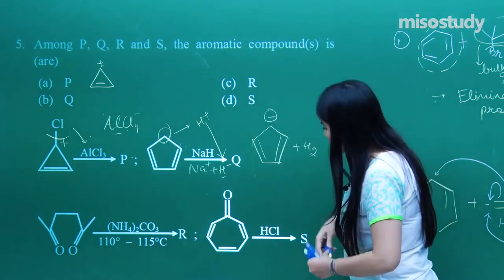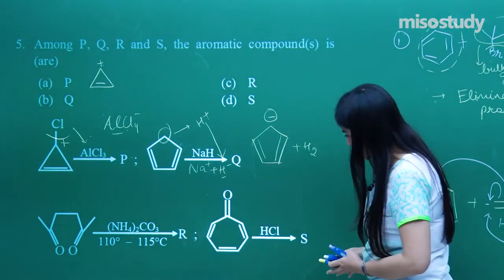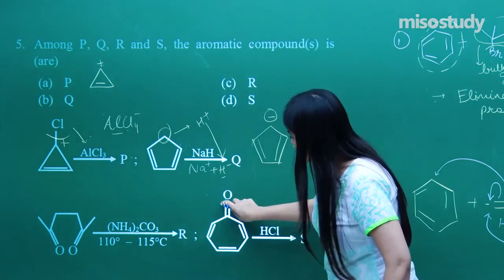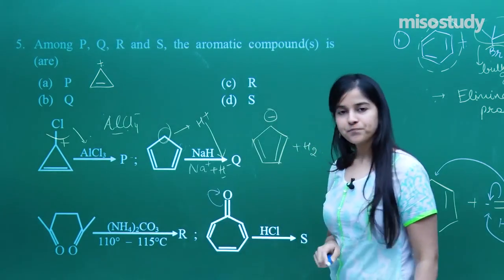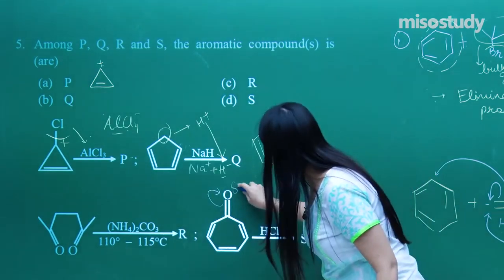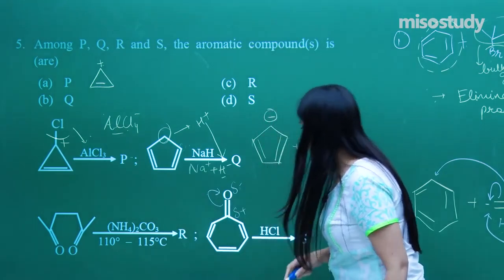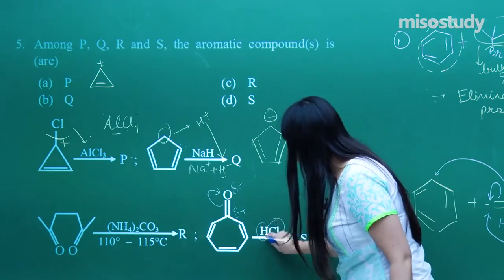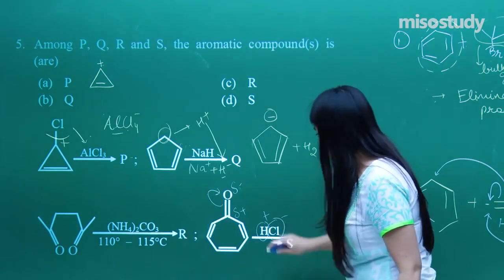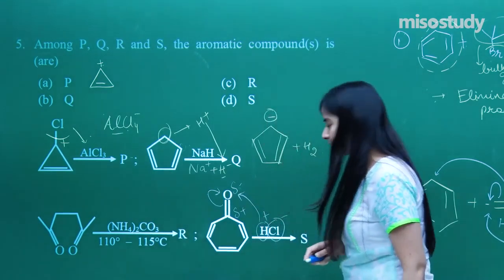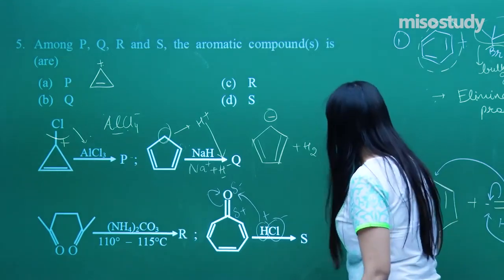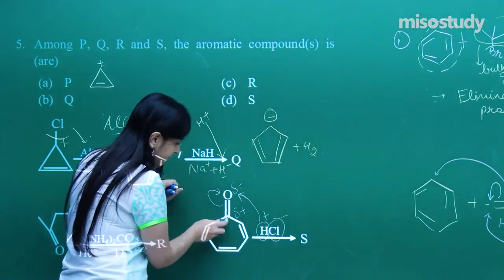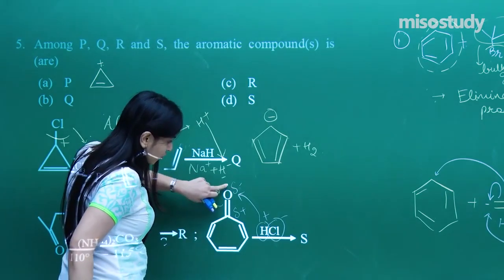Now if I talk about this very part, what is happening in this reaction? This is a carbonyl group, the electrons will shift on to oxygen, delta negative developed here, delta positive developed here. So definitely what will happen? I have got H plus and Cl negative, so H plus is attracted towards this. What will happen again? The intermediate state will be a positive developed here and OH over here.